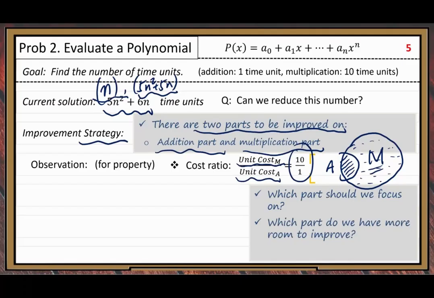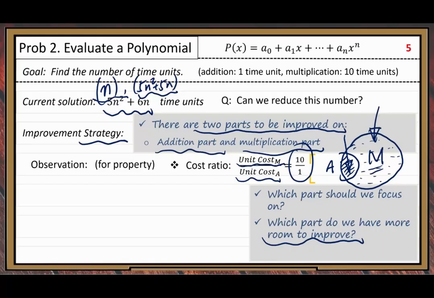So the question we want to answer here is: which part do we have more room for improvement? Because we want to improve our current algorithm. One way is to improve the addition part. Another way is to put our focus on the multiplication part. Which way is better?